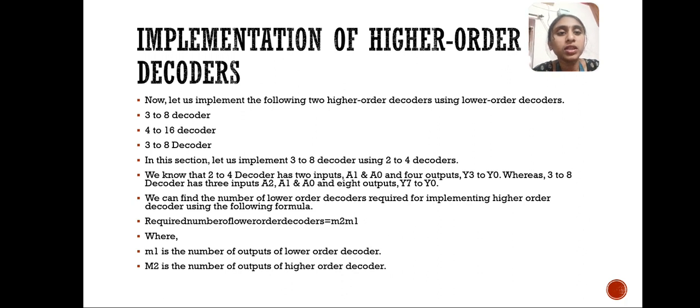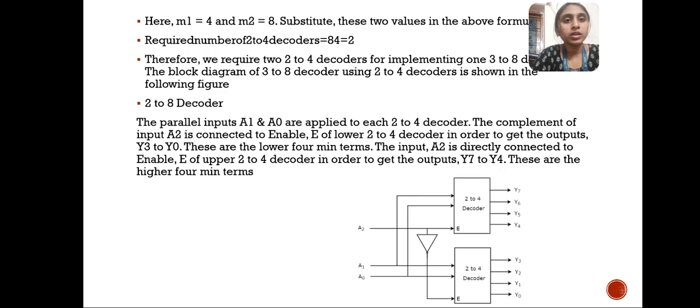The required formula is the number of lower order decoders, M1 divided by M2, where M1 is the number of outputs of the higher order decoder and M2 is the number of outputs of the lower order decoder. Here M1 equals 8 and M2 is 4. Substituting the values in the formula, we get 8 by 4, which is 2.